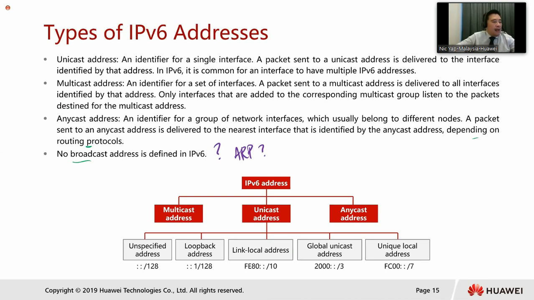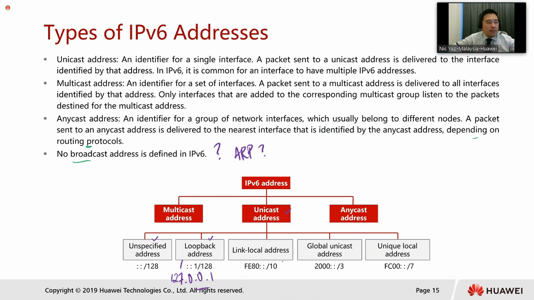Okay, and inside the IP addresses under unicast address, we have the unspecified address /128 and the loopback address /128. This is just like 127.0.0.1, your self-loopback interface. Then we have link local addresses, global unicast addresses, and unique local addresses.